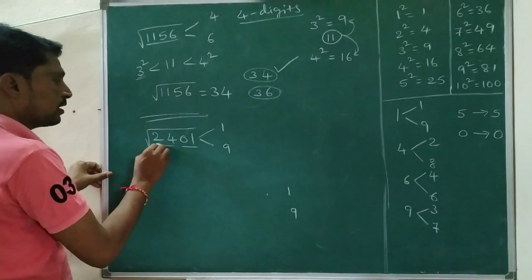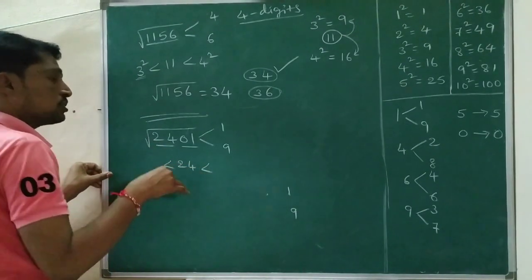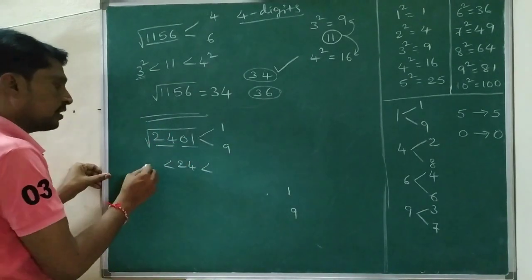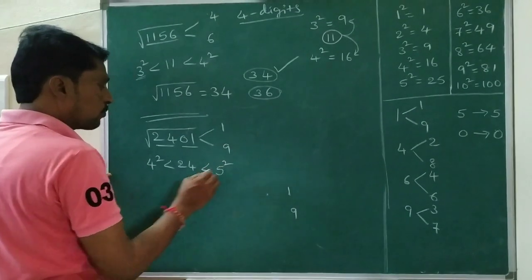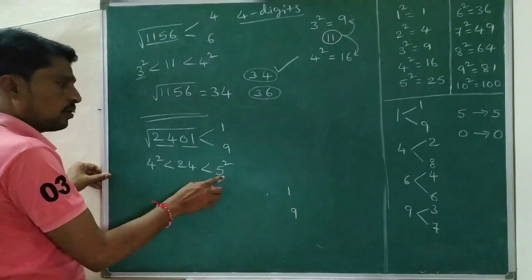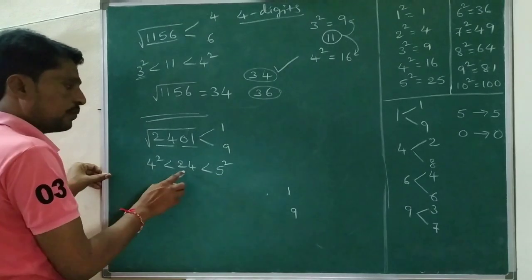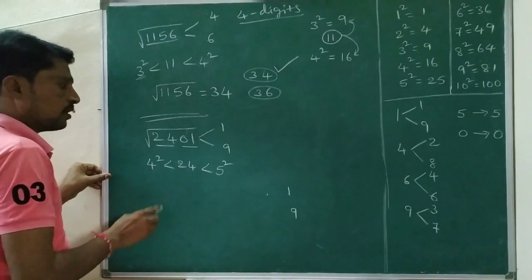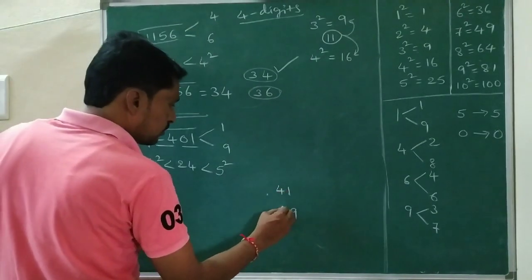Now take 24. Which square numbers does it lie between? That is 4 square and 5 square. 4 square means 16, 5 square means 25. 24 lies between 16 and 25, so the smaller number, 4, we write here.